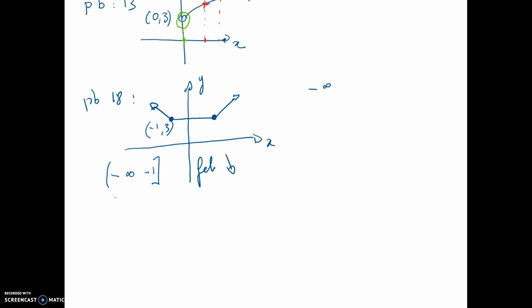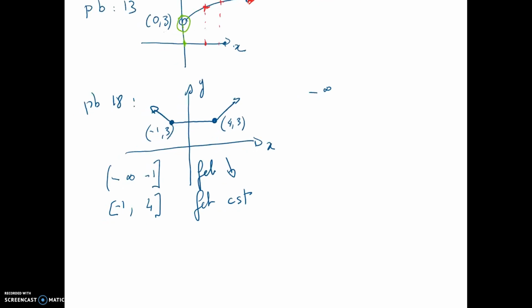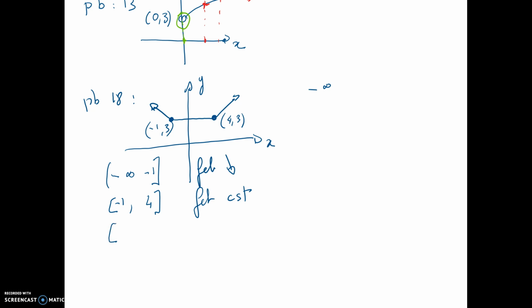Then from negative 1 to the second point, where x this time is equal to 4 and y equals 3, so from negative 1 to 4, with negative 1 and 4 included, my function is constant, meaning that for any value of x, y will be the same. Then from x equal 4, with a bracket next to x equal 4, to x equal plus infinity, always a parenthesis next to plus infinity, my function is decreasing.